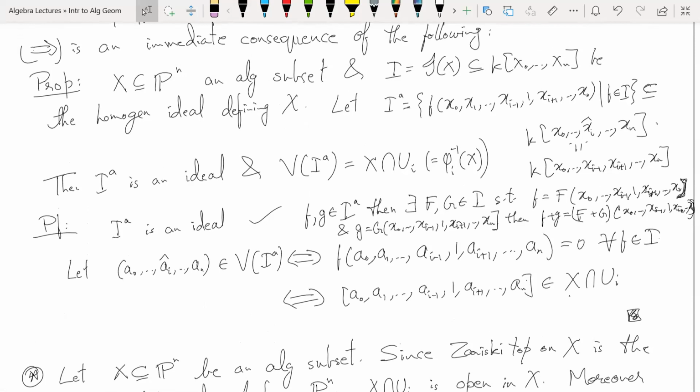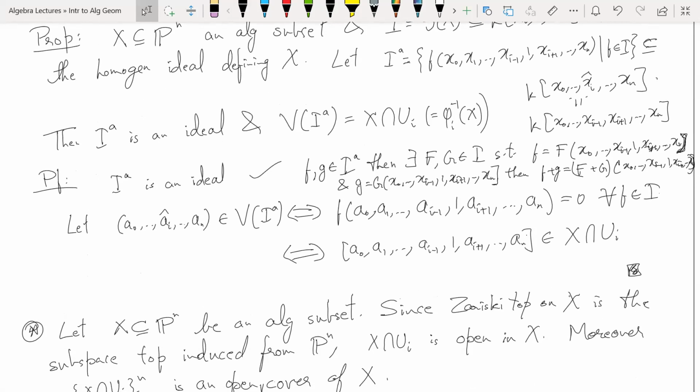So for F in I, this n-tuple belongs to V(I_A) if and only if this happens, and this f(a_0, a_1, ..., a_{i-1}, 1, ...) is equivalent to saying that this belongs to U_i, because the ith component is 1.